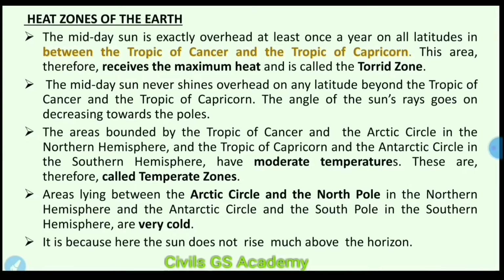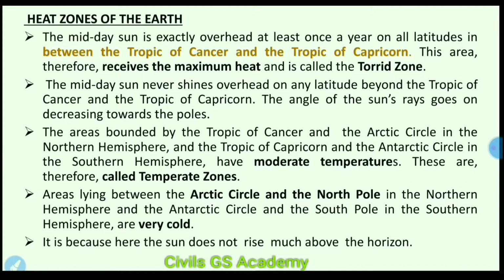The area bounded by Tropic of Cancer and Arctic Circle in the northern hemisphere and Tropic of Capricorn and Antarctic Circle in the southern hemisphere have moderate temperature. Why? Just as I have told you earlier, the angle of sun's rays goes on decreasing towards the pole.